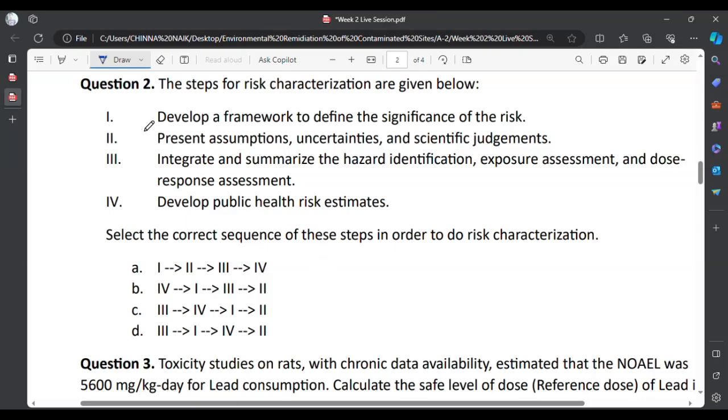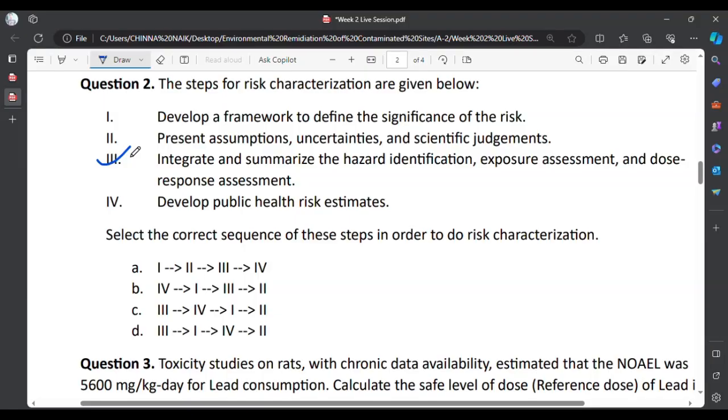First, develop a framework to define a significance of the risk; present assumptions, uncertainties, and scientific judgments; integrate and summarize the hazard identification, exposure assessment, and dose response assessment; and the final one is develop public health risk estimates. Which one should come first?